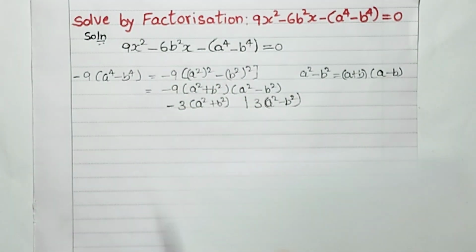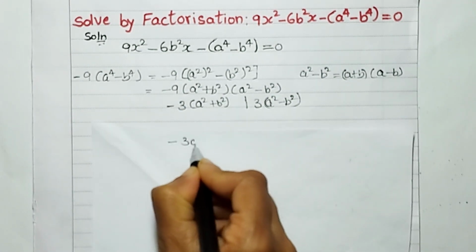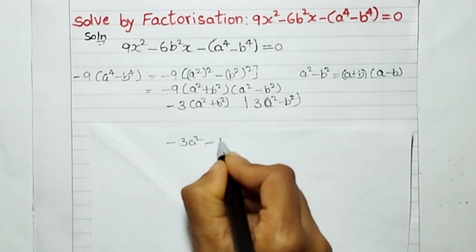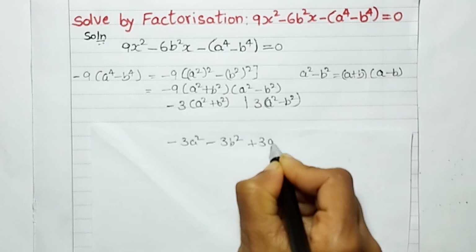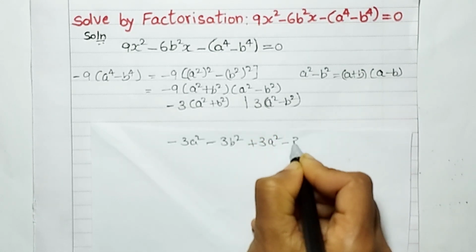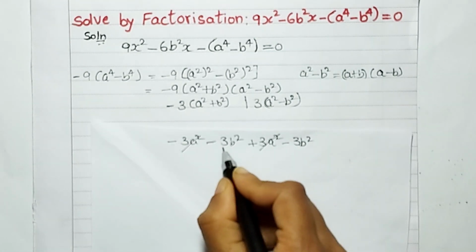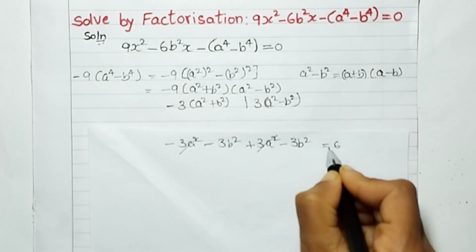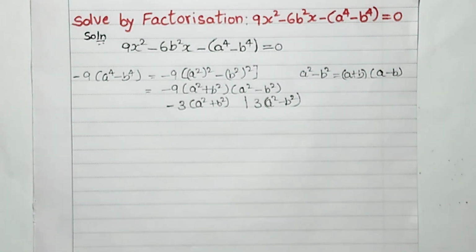We can check: −3a² − 3b² + 3a² − 3b². The −3a² and 3a² cancel to 0, and −3b² plus −3b² is −6b². This is our middle term.